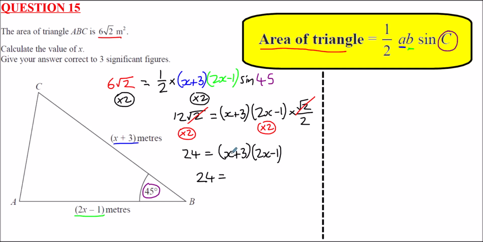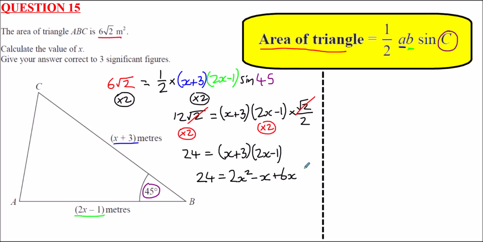I'm just going to talk you through what needs multiplying out. There's 4 things that need multiplying. So x times 2x gives 2x squared. And I need to do this first x times a minus 1 to give minus x. So multiply that x by everything in the second bracket, and I'll move on to the second term in the first bracket. Now I need to multiply this 3 by 2x. 3 times 2x is 6x.